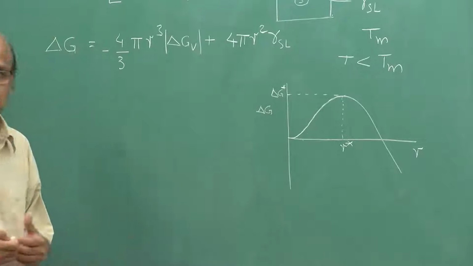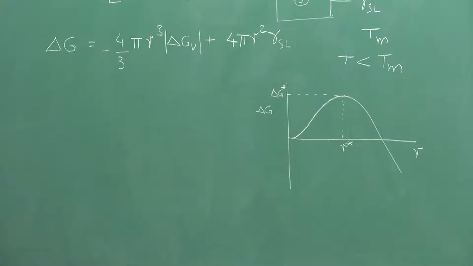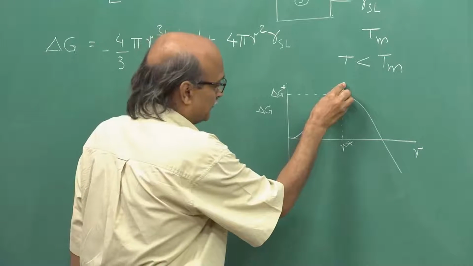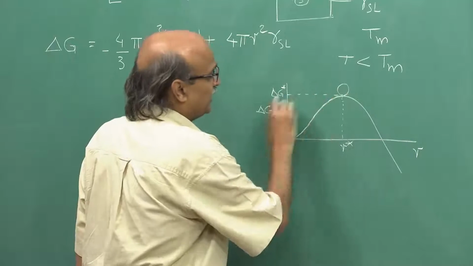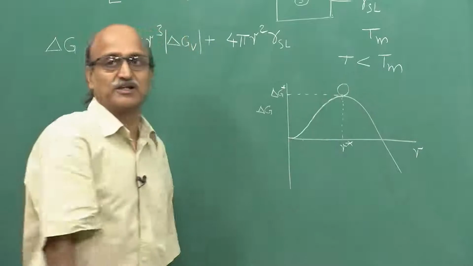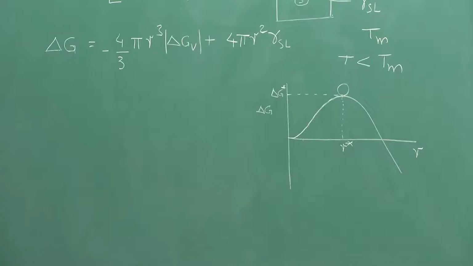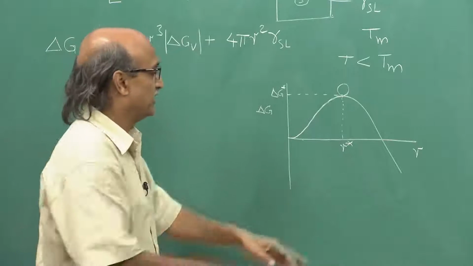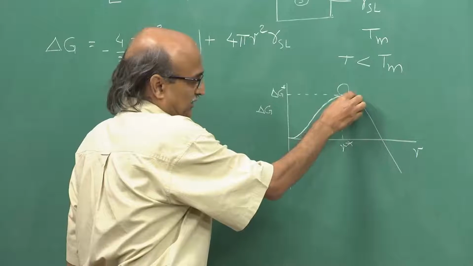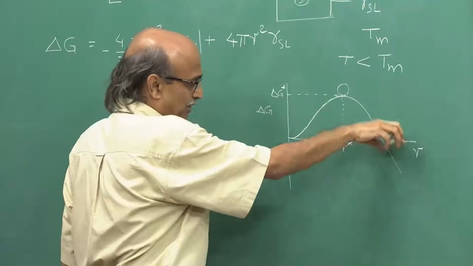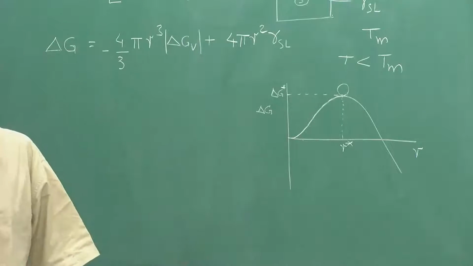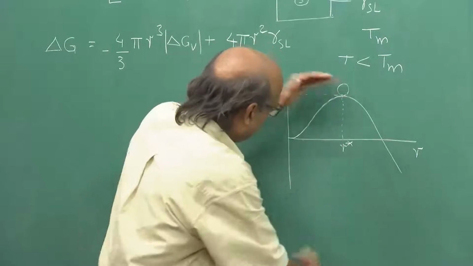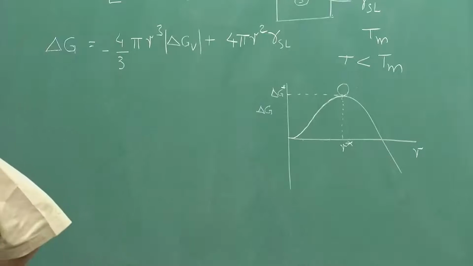So, for a nucleus to grow, a nucleus has to be generated of a critical size, and then if additional atoms add to it, then the nucleus size would be greater than r star, and then after that this nucleus will simply grow down the energy hill, and eventually the free energy would become negative.